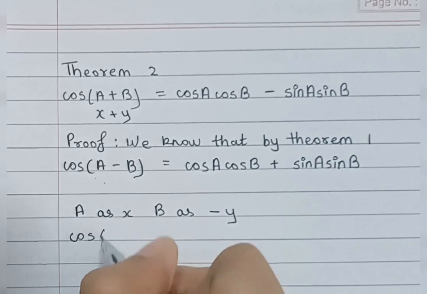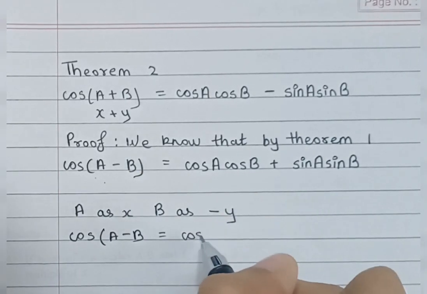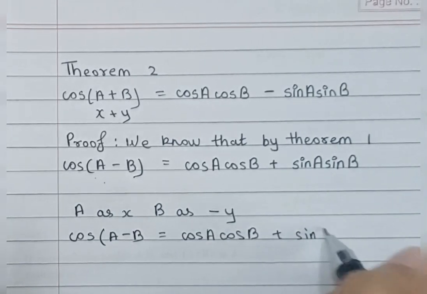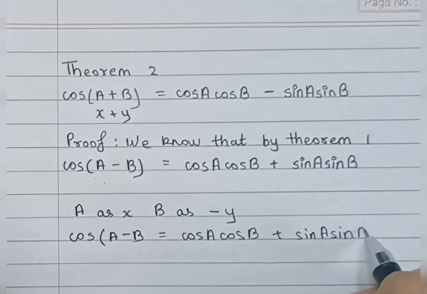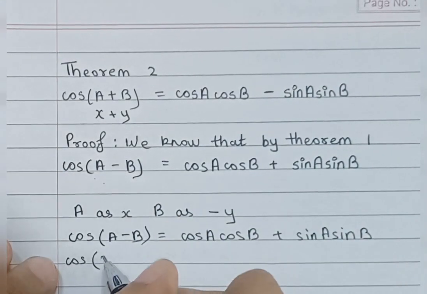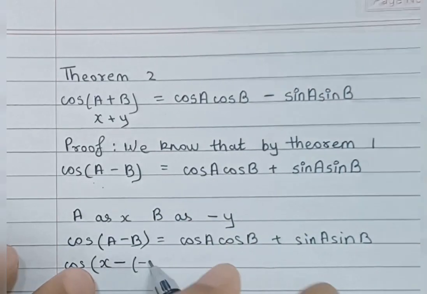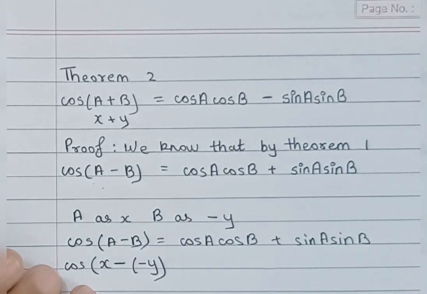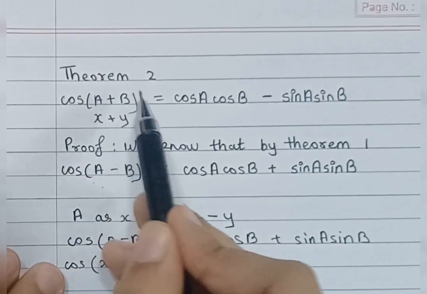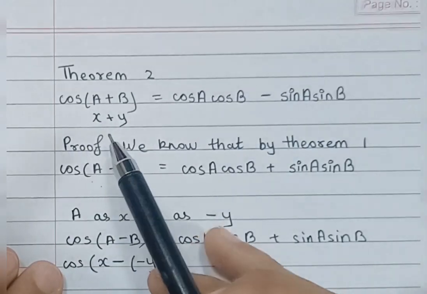Therefore now cos of A minus B, according to this formula, is cos A cos B plus sin A sin B. We have taken A as x, and minus of minus y is plus y, so the left side is cos of x plus y. This is cos of A plus B, or cos of x plus y. We have shifted the variables to x plus y.